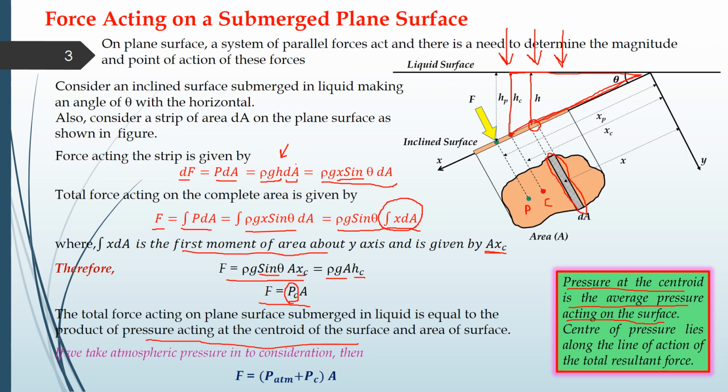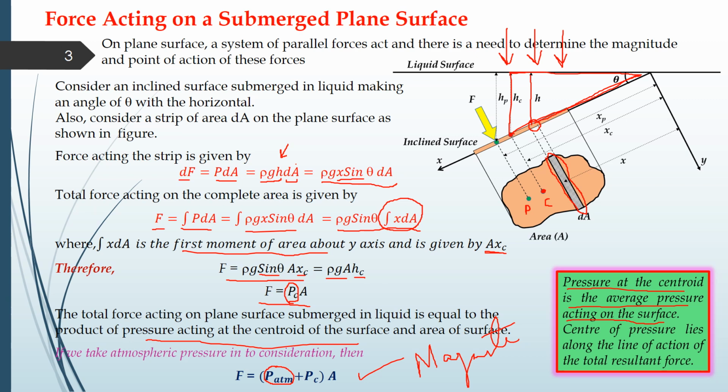So if you want to consider that pressure also, we will simply add the atmospheric pressure term over here, and we will get this equation in the modified form, and certainly this is the magnitude of the force which is acting on this complete area, okay.